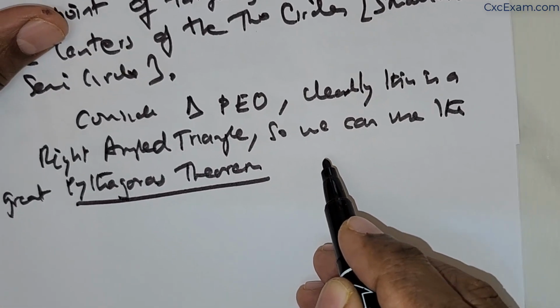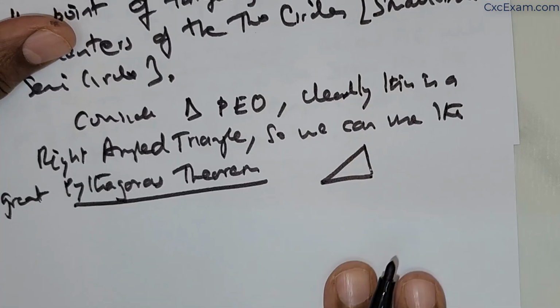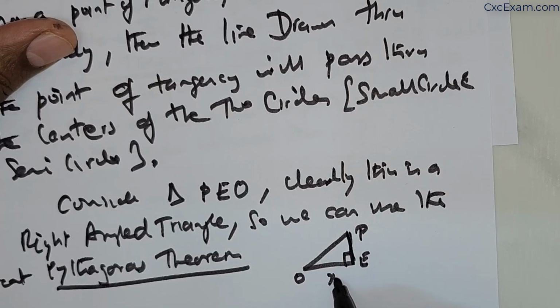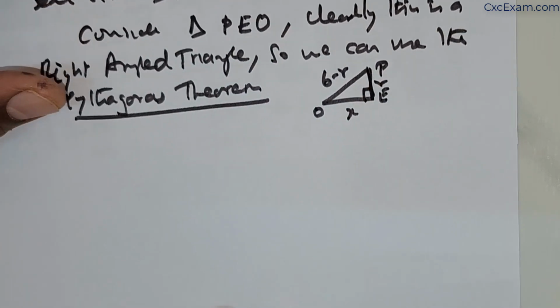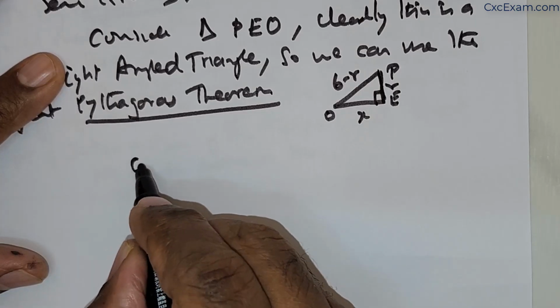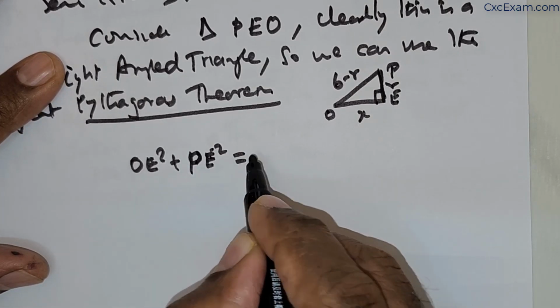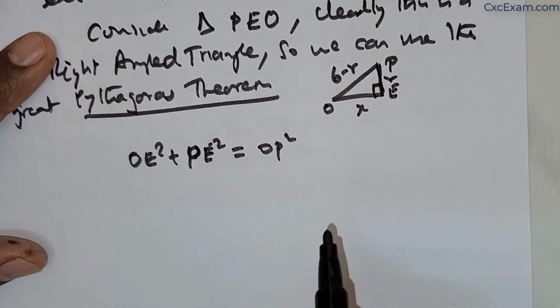So what is that? This is triangle PEO. This is x, this is 6 minus r, and this is r. So OE squared plus PE squared is equal to OP squared.